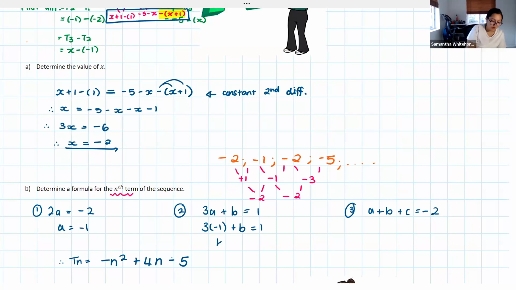We got b is 4, and c, again when we substituted in, we got that c is equal to -5. So if you've got those three equations, those three steps, you can find a quadratic pattern quite easily.